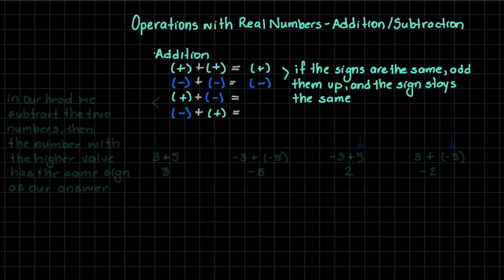If the signs are different, I start with a positive and I add a negative, or I start with a negative and I add a positive. There isn't a strict rule in terms of what the sign of the answer will be. What we're going to do is, in our head, we subtract the two numbers.